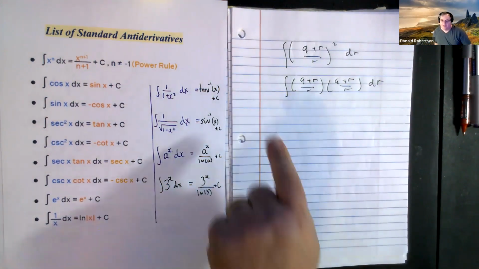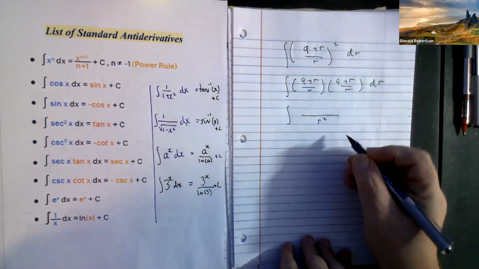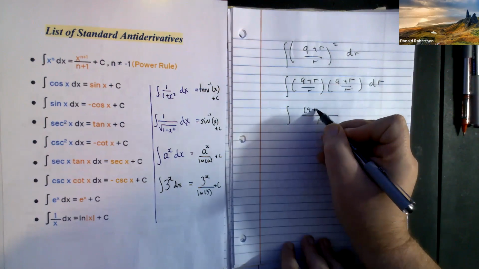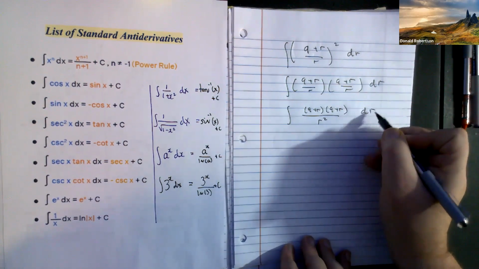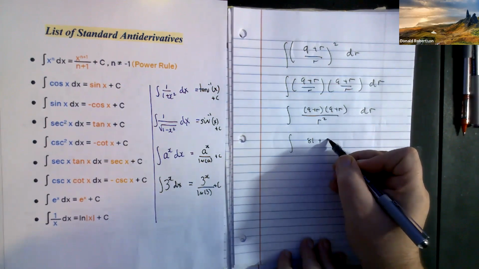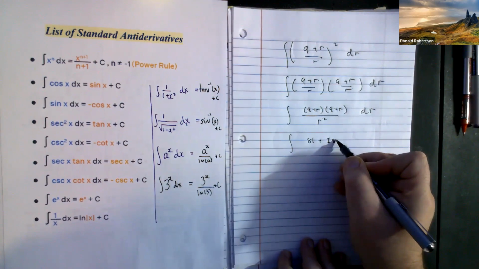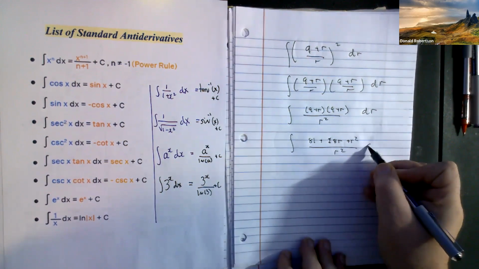So I'm just going to multiply these two things together. Now, if you multiply the bottom together, you get that. And if you multiply the two tops together, you get that. Now, these two can be foiled, and you're just going to trust me on this, that you get that. And now we're at this stage.